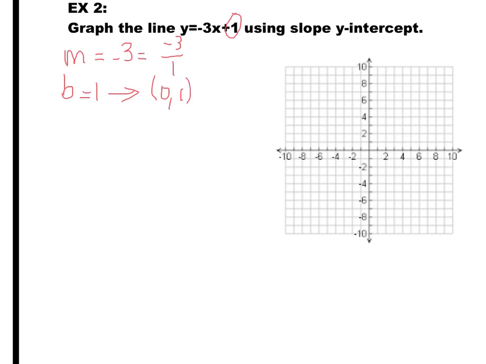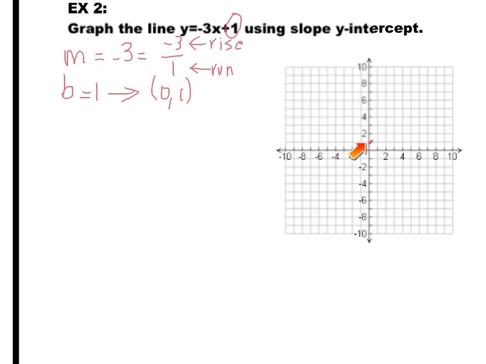So go to your graph and plot the y-intercept point, which is this point. Now, since our rise is negative 3 and run is plus 1, we are going to start from the y-intercept.